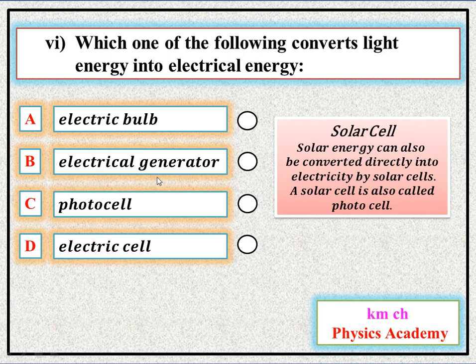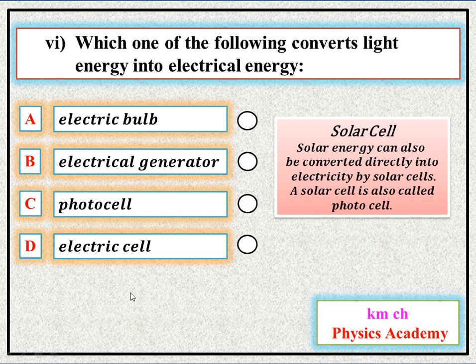Electrical generator produces electricity. It gives us potential difference. Photocell. It is the device which uses solar energy and it gives electrical energy. It converts it into electrical energy.